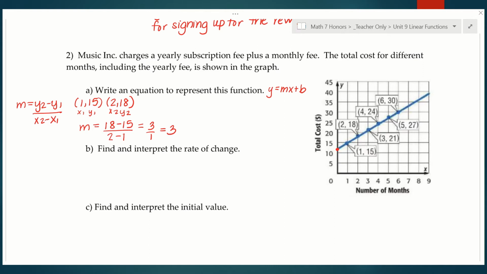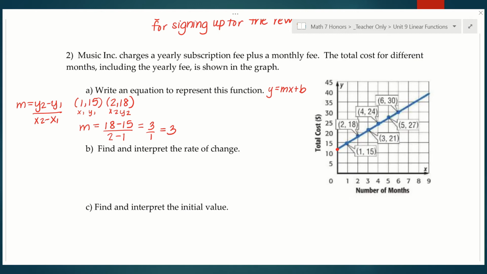So if each time I'm going up 3 over 1, I have to think backwards. If I go back 3 and down 1, where am I going to end up? Okay, so if you think about that, you're going to end up at (0, 12).